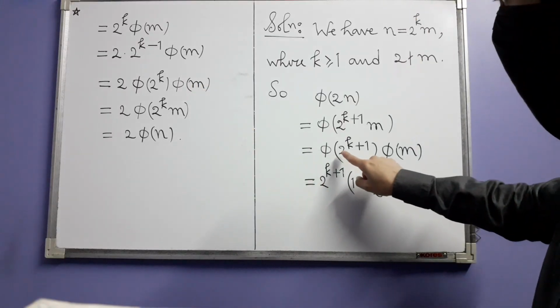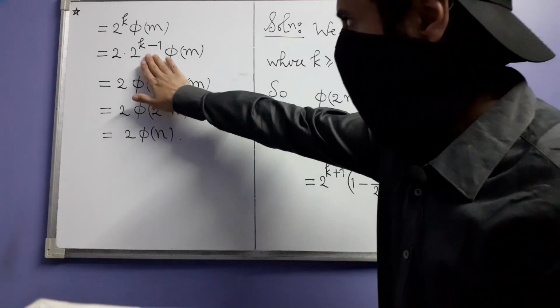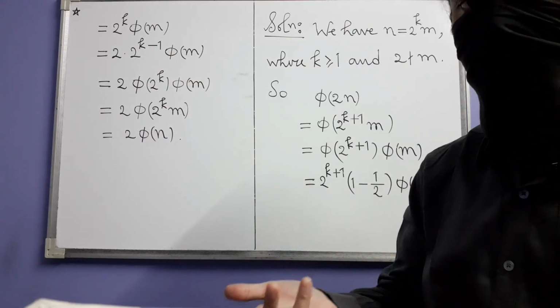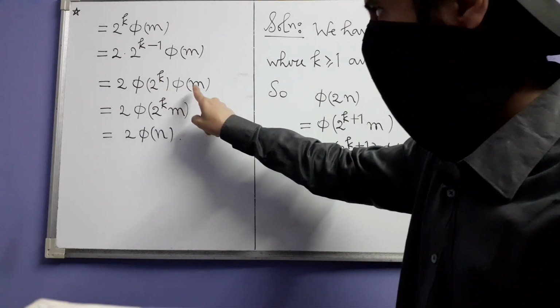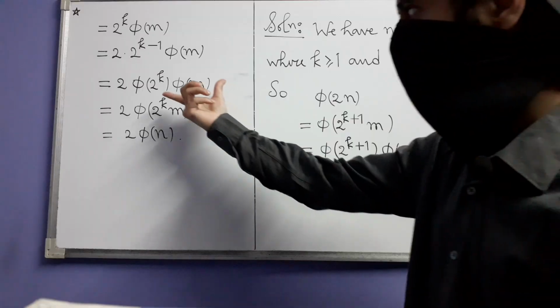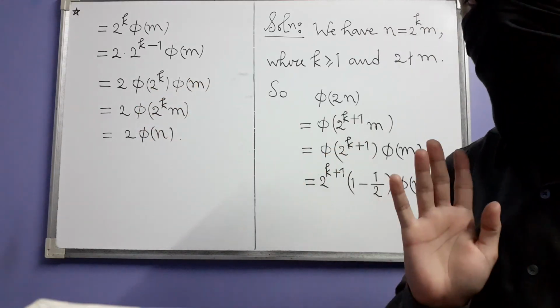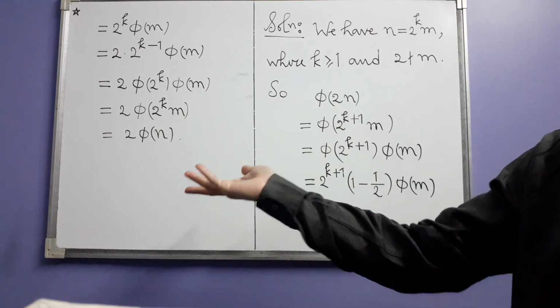Just like phi of 2 to the power k plus 1 is 1 half of it, this is also 1 half of 2 to the power k, which is just its phi value. And then because this 2 to the power k and m again are relatively prime, you can merge them like this, again using the fact that phi is multiplicative, which however is phi of n. So that's how you get the equality.